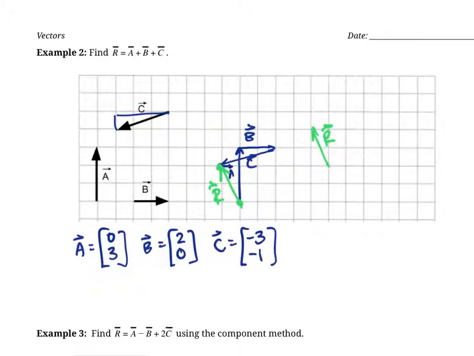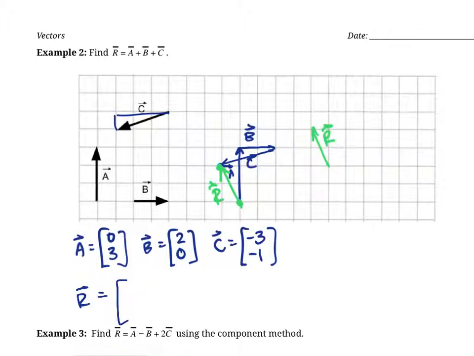So those are our vectors in matrix form. Now, the nice thing about this is that we can clearly see in total how much the x direction changes, right? So the x direction isn't changing at all, and then it's changing by 2, and then it's changing by negative 3. The y part of these vectors, starting at 3, changing by 0, and then subtracting 1. So instead of sketching the whole thing out, we can actually write it out like this.